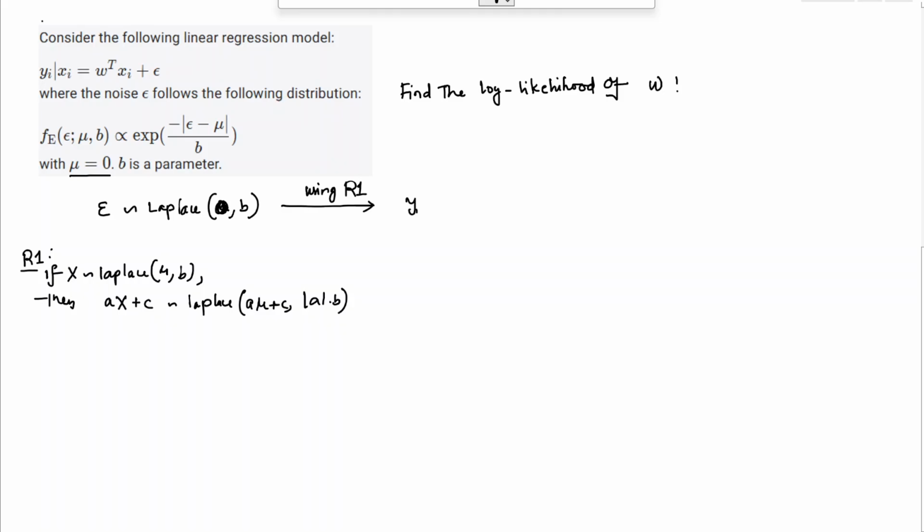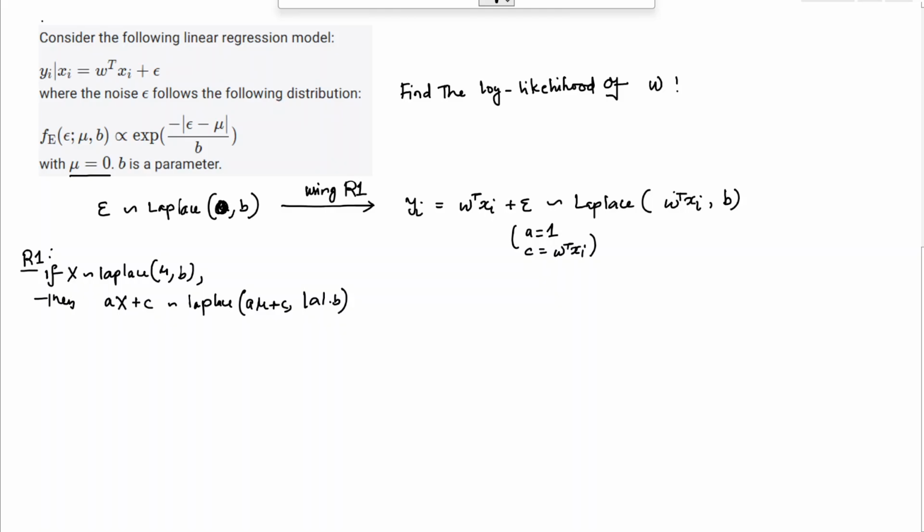So yi, which is nothing but w transpose xi plus epsilon, will again follow a Laplace distribution with mean w transpose xi and b, because here a is 1 and c is w transpose xi.